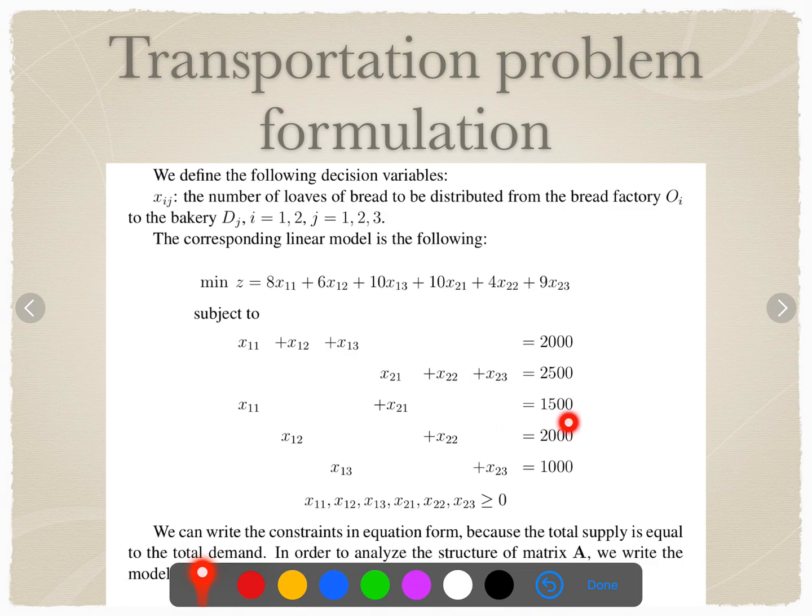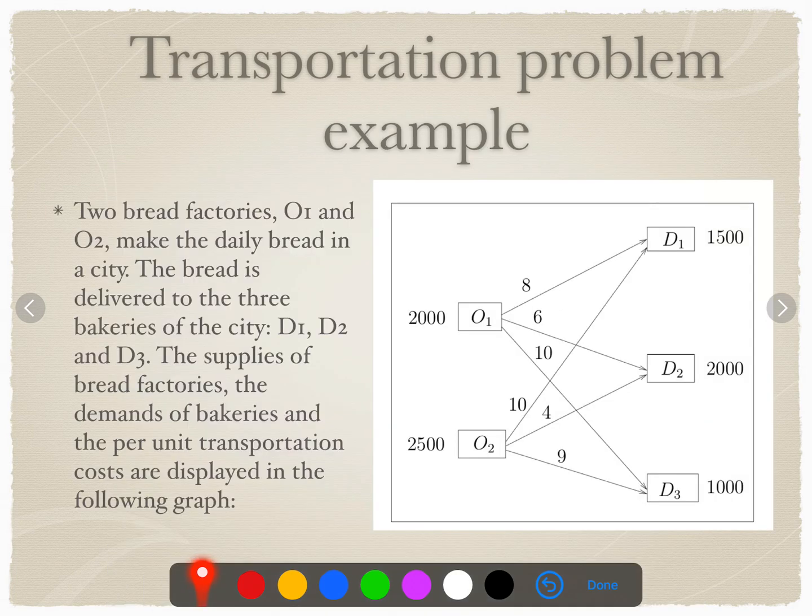The third constraint, X11 plus X21 equal to 1500, is the demand of the first bakery.